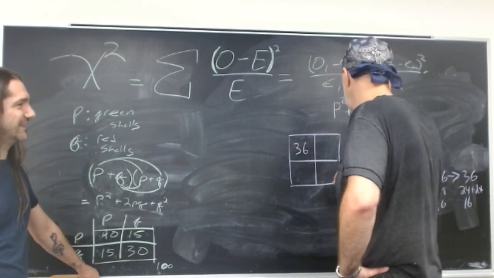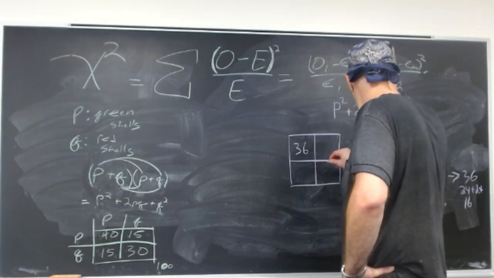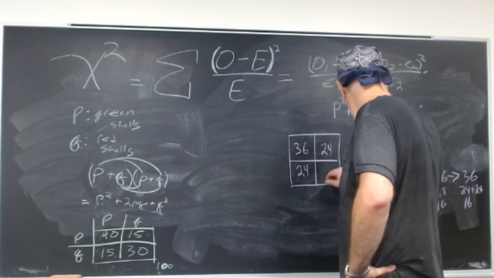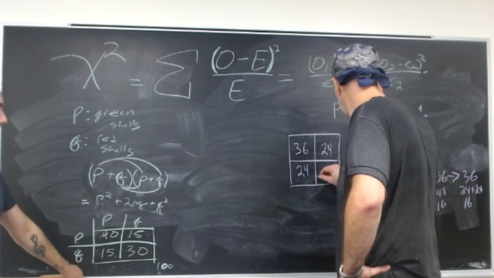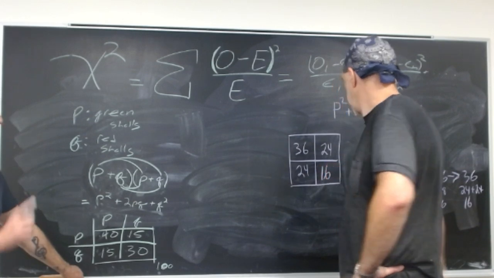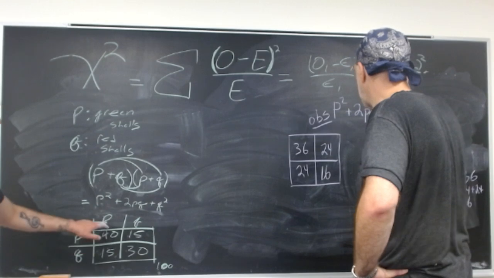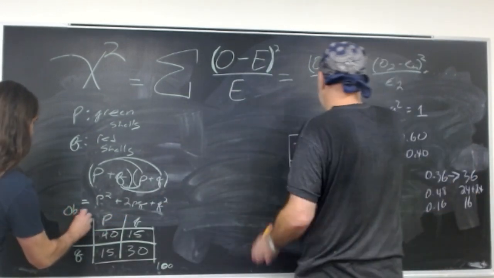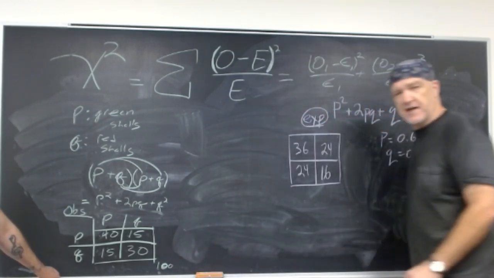So this is the expected counts based on our percentages. I'll get out of the way here in just a moment. No, this is good. So these are observed. Or no, sorry, these are expected. My bad, these were the observed. Okay, can you see this?